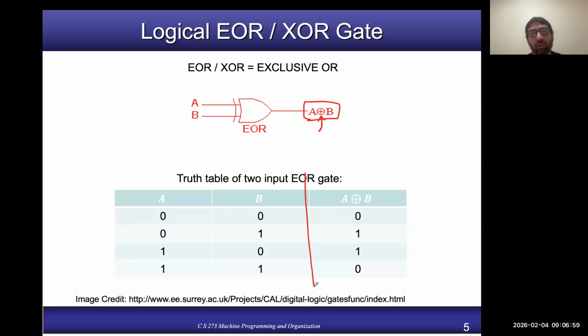However, in exclusive OR, your output is 1 only if exactly one input is 1. So here the output will be 0 because both inputs are 0. Here the output will be 0 because both inputs are 1. But in these two middle cases, the output is 1 because only one input is 1. Here B is 1 and here A is 1. Okay.